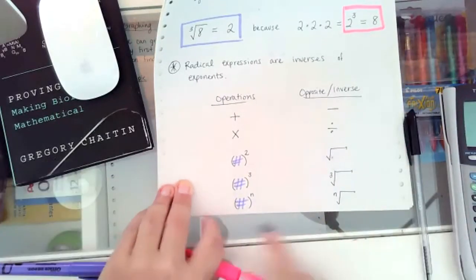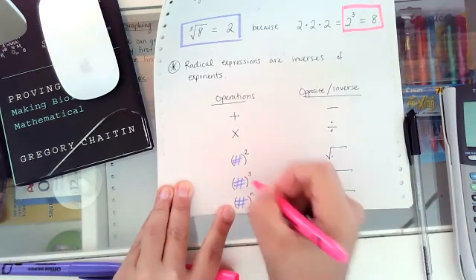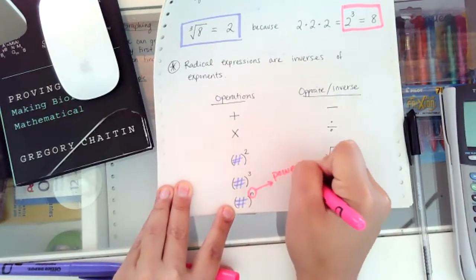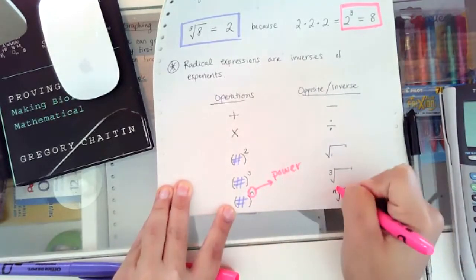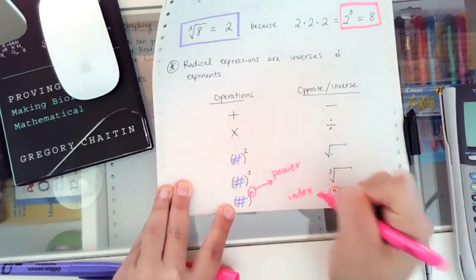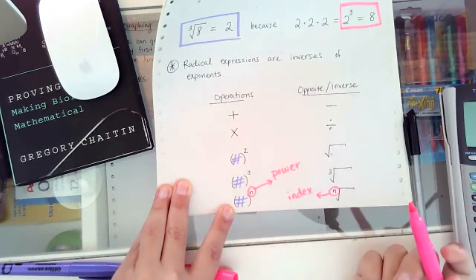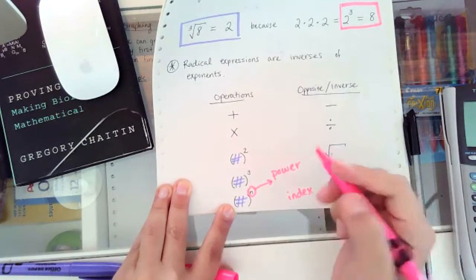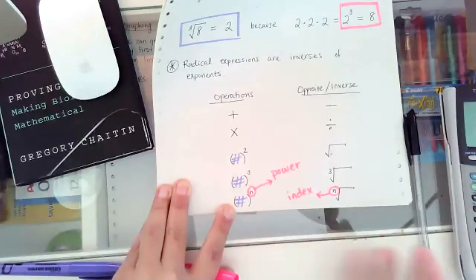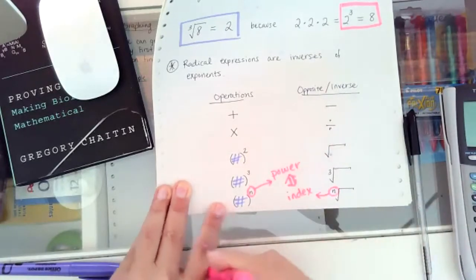And this number, for the exponent, we usually call it the power. But when we're talking about the radical, we call it the index. In other countries, they call both of them indices because they basically correspond to the same exponent. And they will cancel each other out.